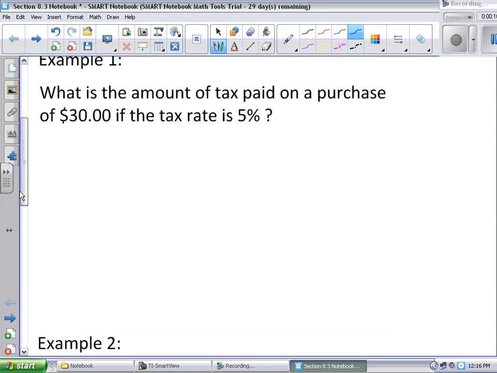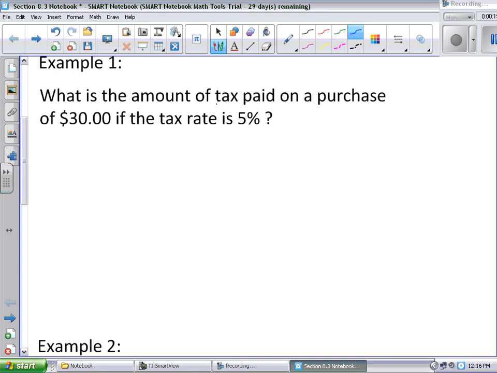Example 1. What is the amount of tax paid on a purchase of $30 if the tax rate is 5%? So we want to know here what 5% of $30 is, and that will tell us how much tax we're going to pay.